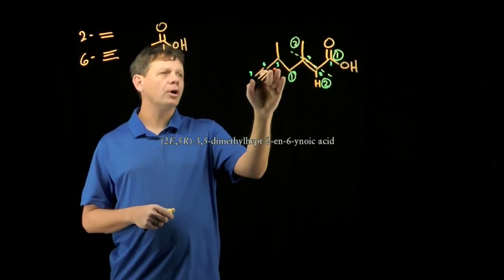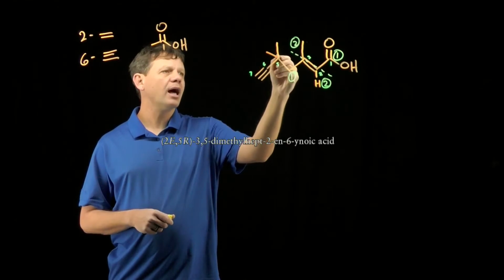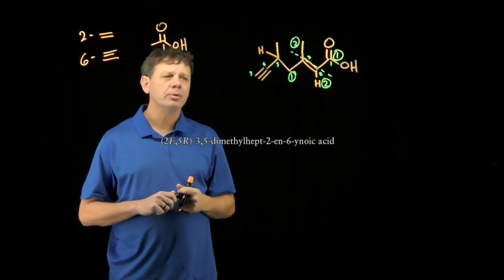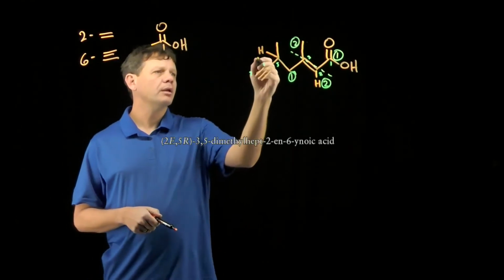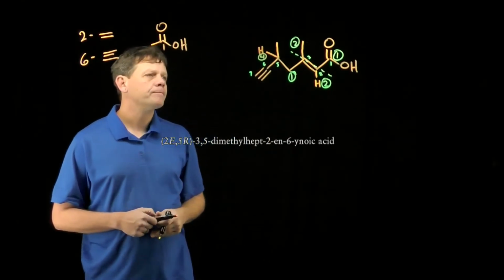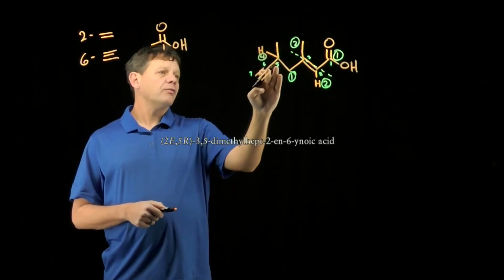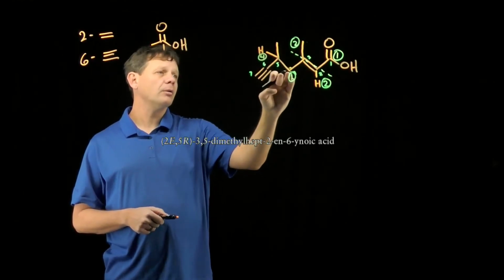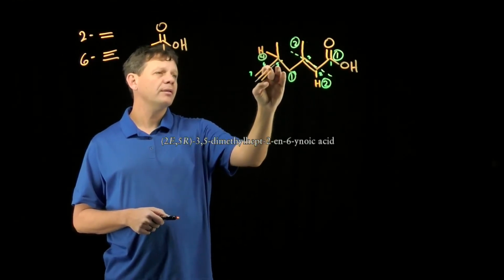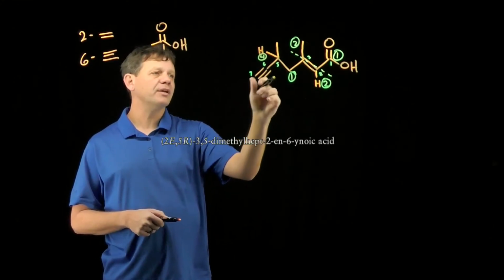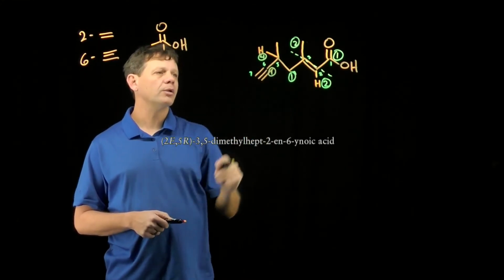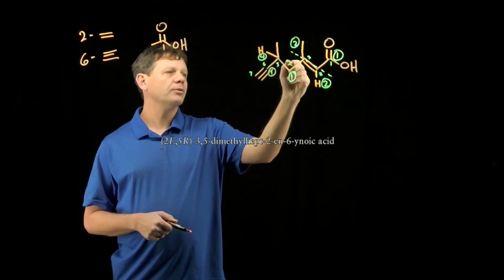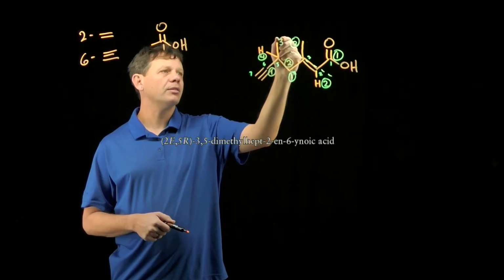Now, what we'll do for carbon 5 is let's go ahead and put in the hydrogen for now, just so we know, as we assign stereochemistry, that it's going to be the 4. So we'll call that one the 4. If we look methyl versus carbon, they're all tied based on being carbons. This carbon is attached to 1 carbon. This carbon is attached to 3 because of the phantom atoms. So it's going to be priority 1 in terms of the RS designation. This one priority 2, and this one priority 3.